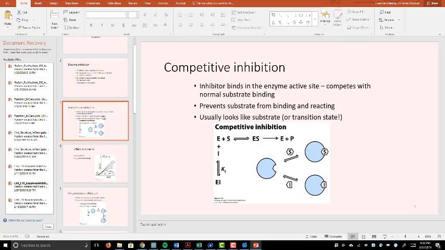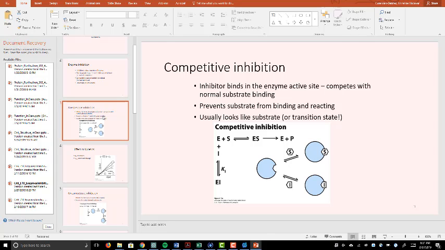With inhibition, it's not that the Km changes, it's that you have a new apparent Km, because the Km is still inherent for the enzyme and the substrate. Inhibitors just make the Km look bigger than it actually is. So if we have an enzyme that's being competitively inhibited, that means that some of the enzyme is being bound to the inhibitor instead of the substrate.